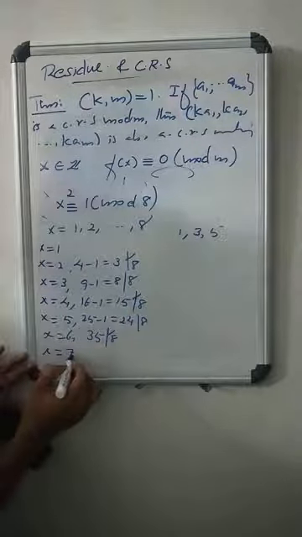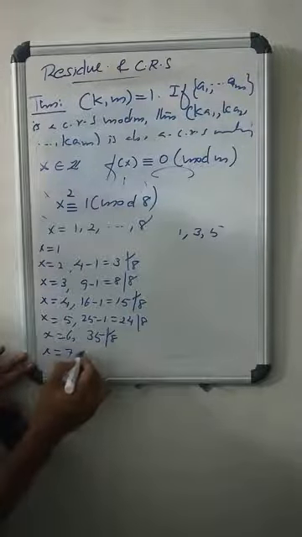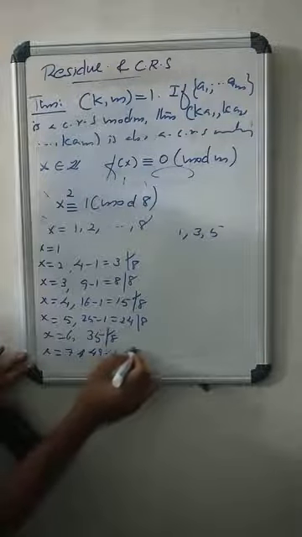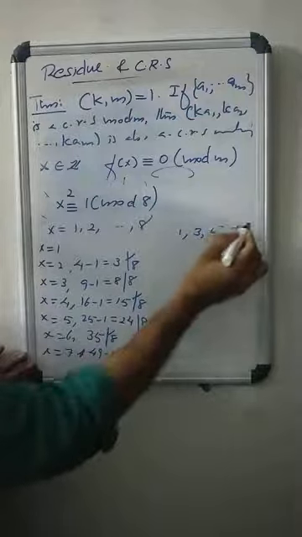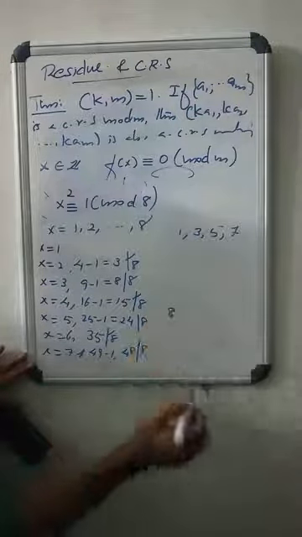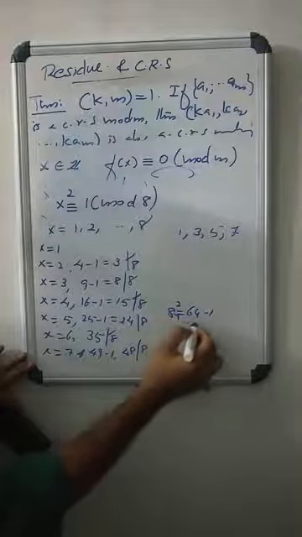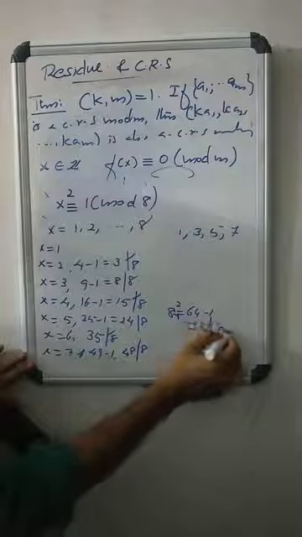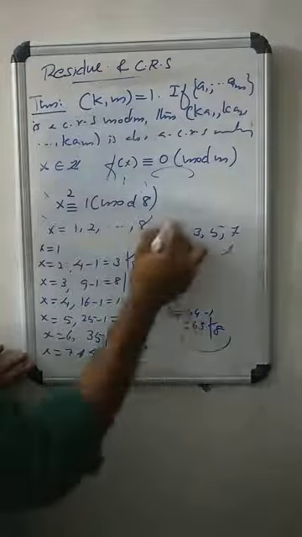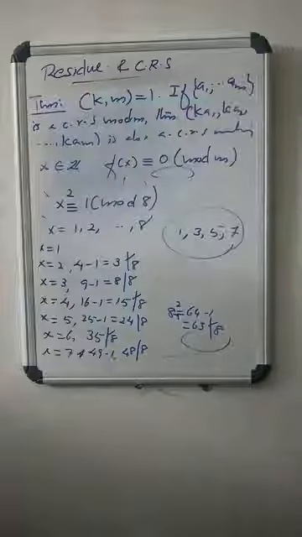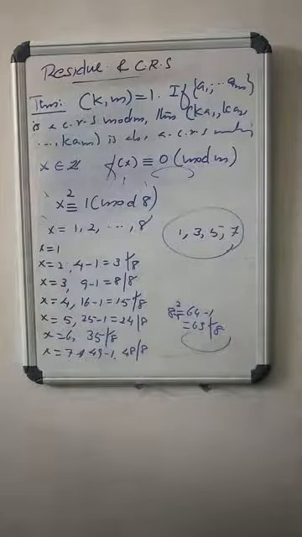X equals 7, 49 minus 1 is 48, which 8 divides, thus 7 is a solution. And 8 squared is 64, minus 1 equals 63, not divisible by 8, so it is not a solution. Therefore, the solutions of the polynomial congruence x² ≡ 1 mod 8 are 1, 3, 5 and 7.